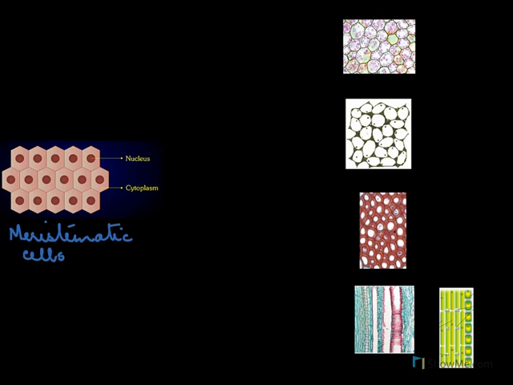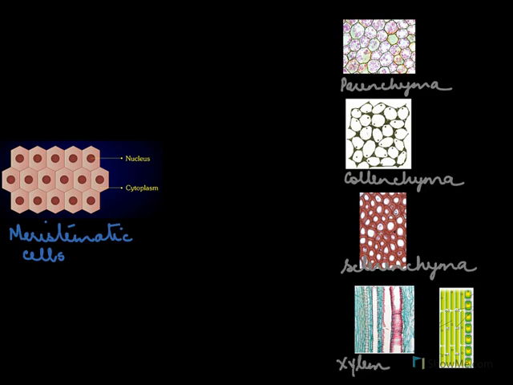Some of them become the parenchyma. The others will become the collenchyma, while others will turn into sclerenchyma. Some will turn into the xylem and phloem.